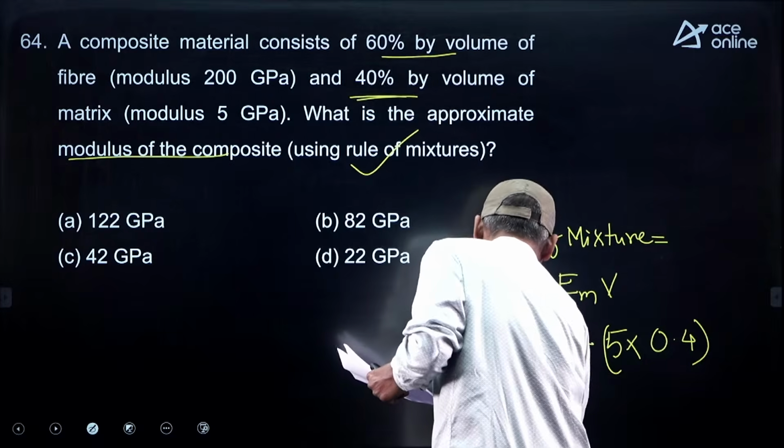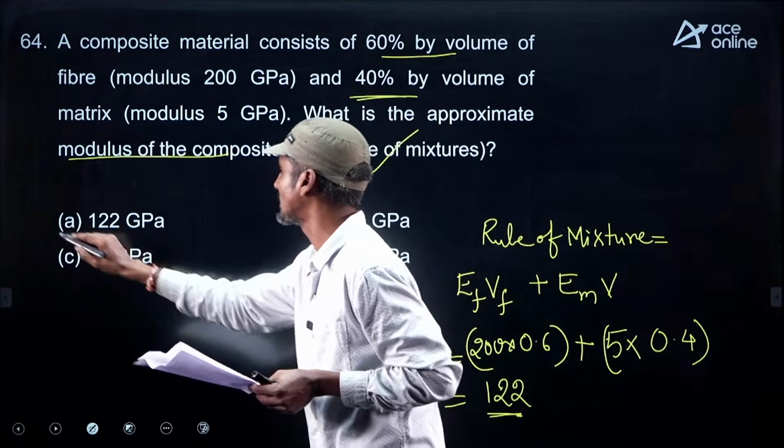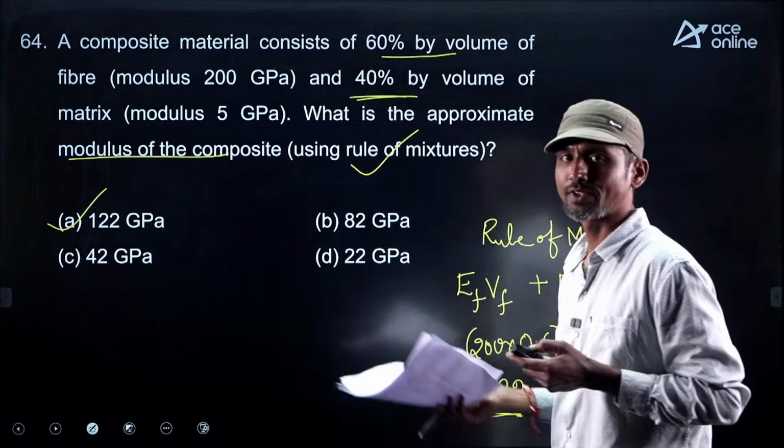From this we can conclude 122 GPa. So option A is the right answer, found by using the rule of mixtures.